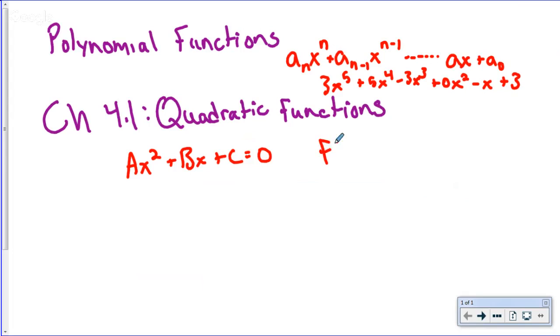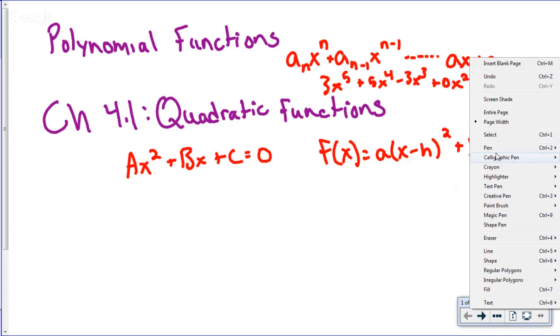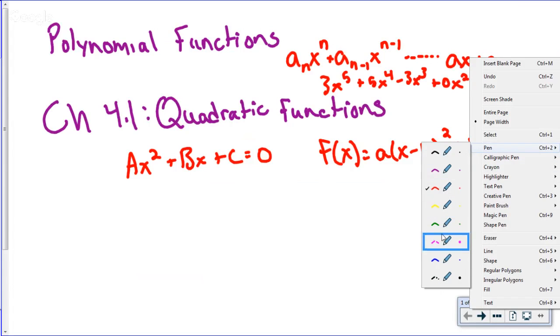We can also say that it looks like this. It is a polynomial function of degree 2. We had different degrees here, and we're curious about the degree 2 polynomial.